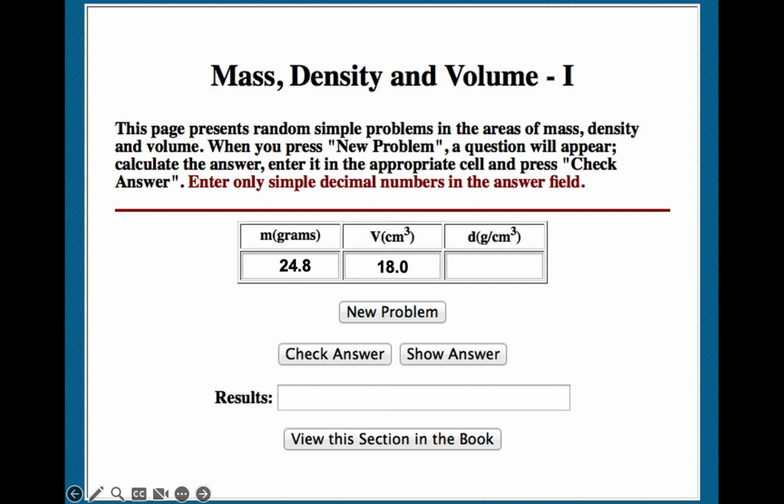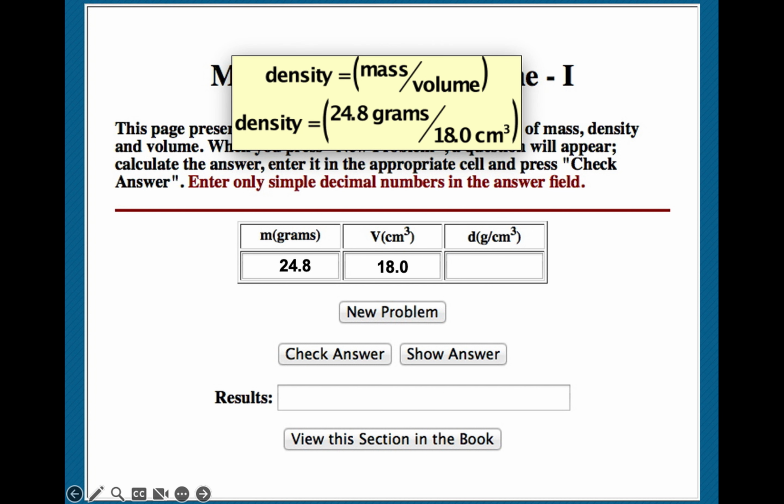You will randomly get numbers in some squares. All you have to do is plug in the third one. Here we are given a mass and a volume. Remember that density is simply mass divided by volume. 24.8 divided by 18, that's all you have to do. And we're at 1.37.